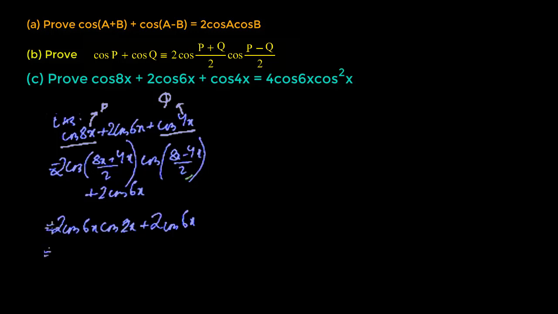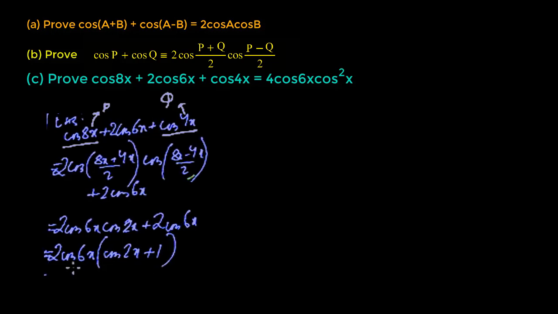Now we can take 2 cos 6x to be common. We can take 2 cos 6x to be common, and we get cos 2x plus 1. Why that thing was given? So we can write 2 cos 6x. Instead of cos 2x we can write 2 cos square x minus 1, and we have this plus 1 from the previous line.